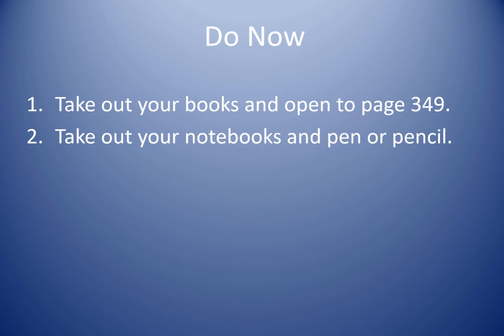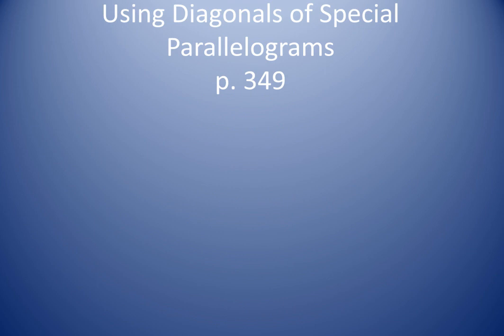I will tell you, like in class, what I really do want in your notebook. But right now on this lesson, if you could just hang in there and listen, I think that'd be good. So we are going to flip over to the next page, and that is using diagonals of special parallelograms on page 349.